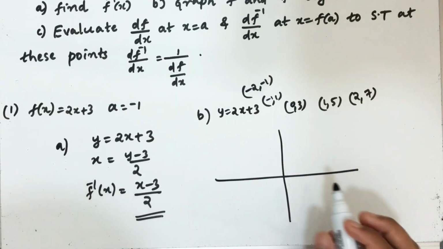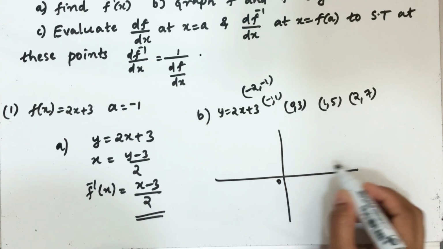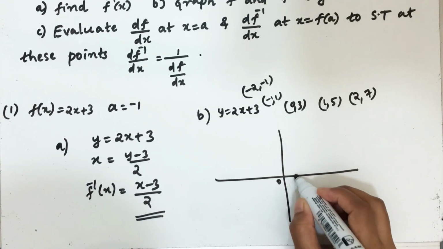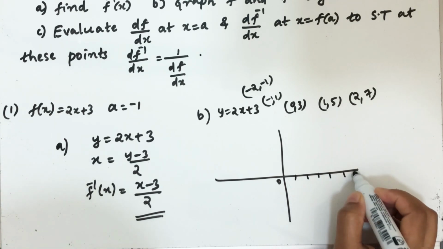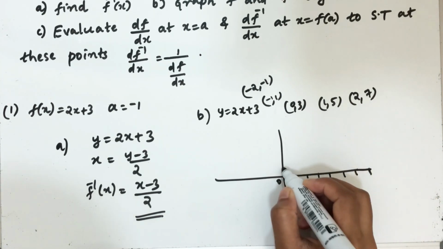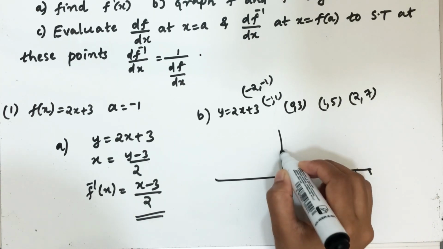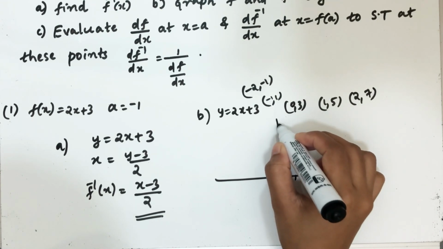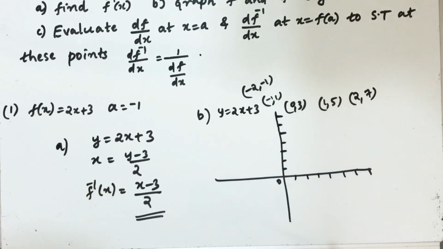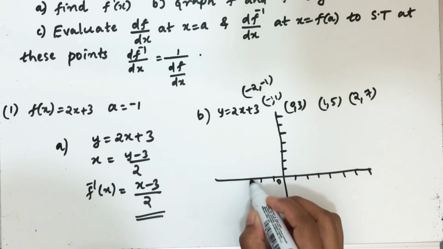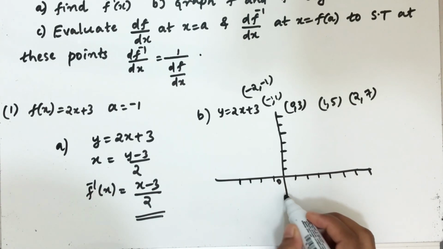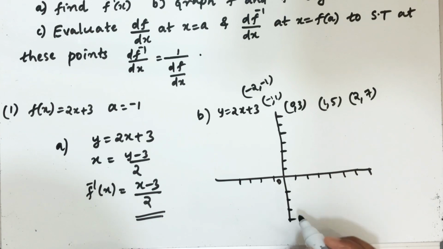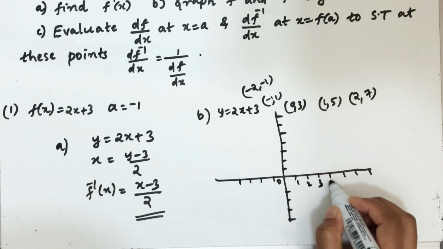Y-axis, x-axis. Marking 1 to 7 on each positive axis, and minus 1 to minus 4 on the negative sides. Okay, we can draw.